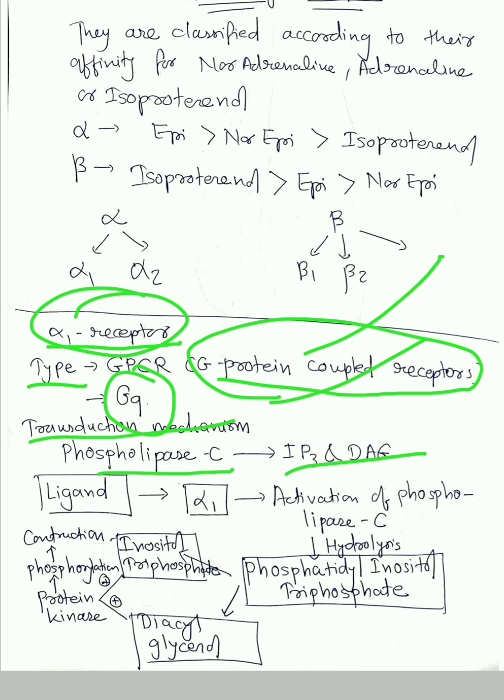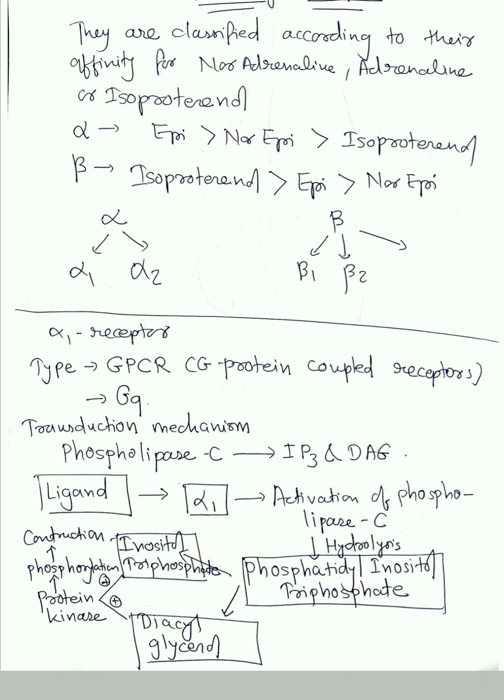First one is phospholipase C IP3-DAG. Second one is the adenylyl cyclase cAMP pathway. So in this case, alpha 1 receptor, the type of G protein is Gq and the transduction mechanism is the IP3-DAG phospholipase C pathway.